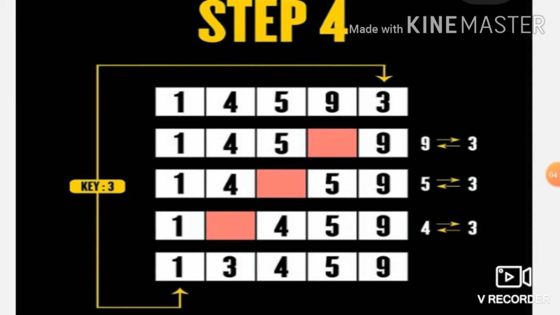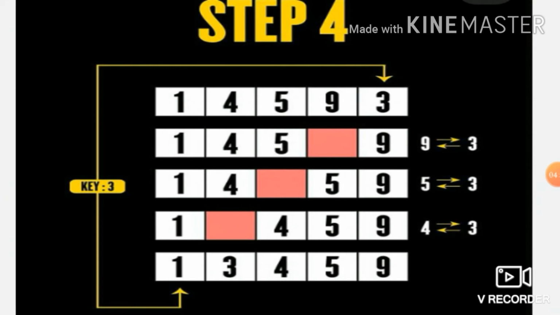In the final step, we already sorted 1, 4, 5, 9. Here we have 3 remaining, which is taken as pivot, and it is the key. 3 is compared with 9, where 9 is greater than 3, so 9 got swapped. 3 remains there only. 3 is compared with 5, where 5 is greater than 3, so 5 got swapped.